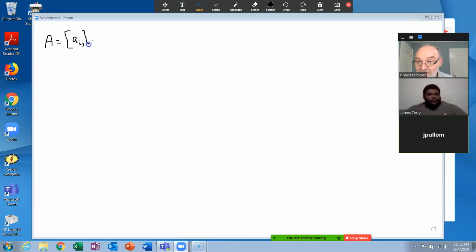Now this matrix here is an M by N matrix. What does that mean? M rows by N columns. That's always what we mean when we say M by N. The first number listed is the number of rows. The second number is the number of columns.